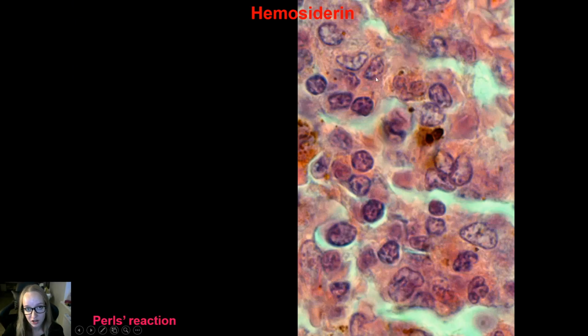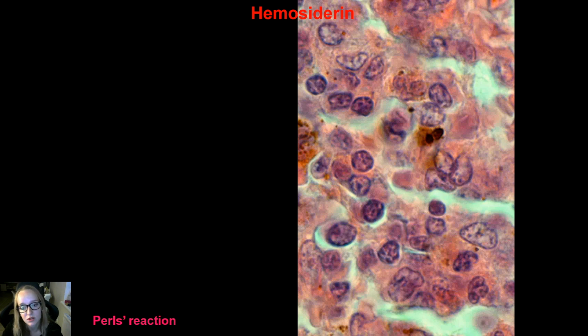We have here hemosiderin. Hemosiderin is a hematogenous pigment, the result of blood pigment metabolism. Sometimes we can find hemosiderin somewhere else, like in the lungs, and that is a pathological phenomenon.